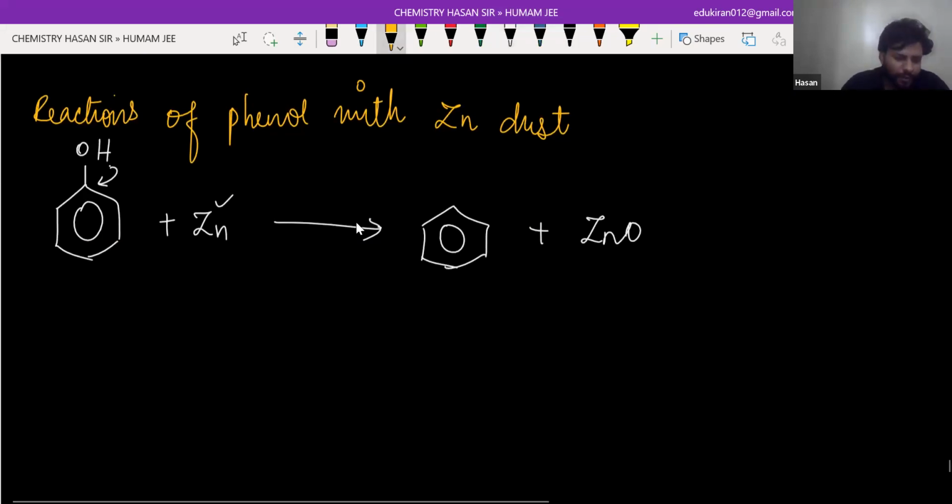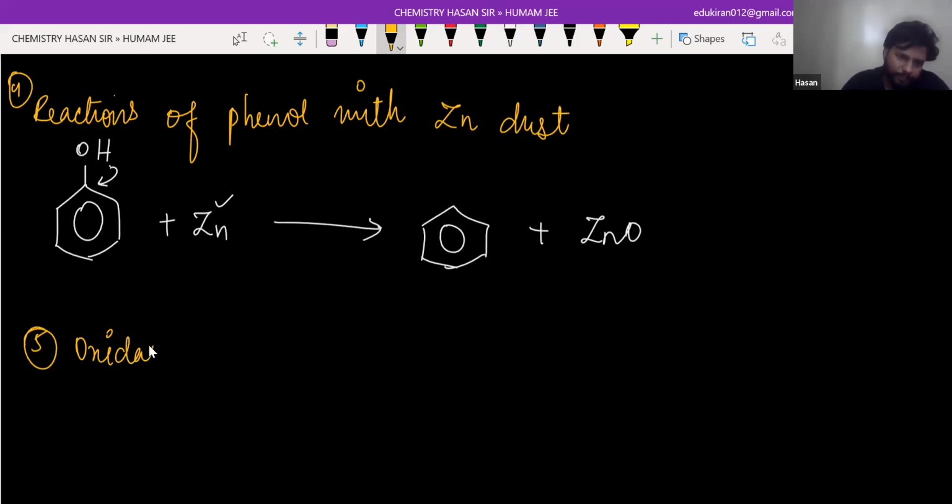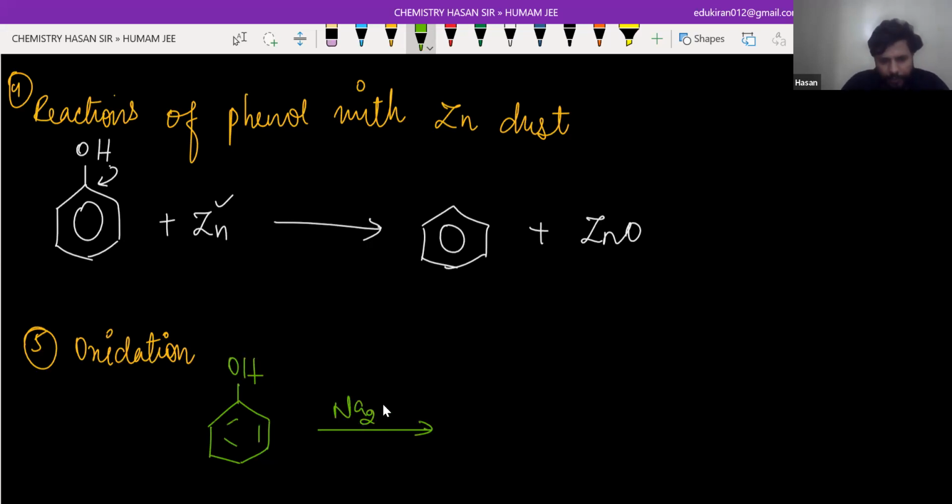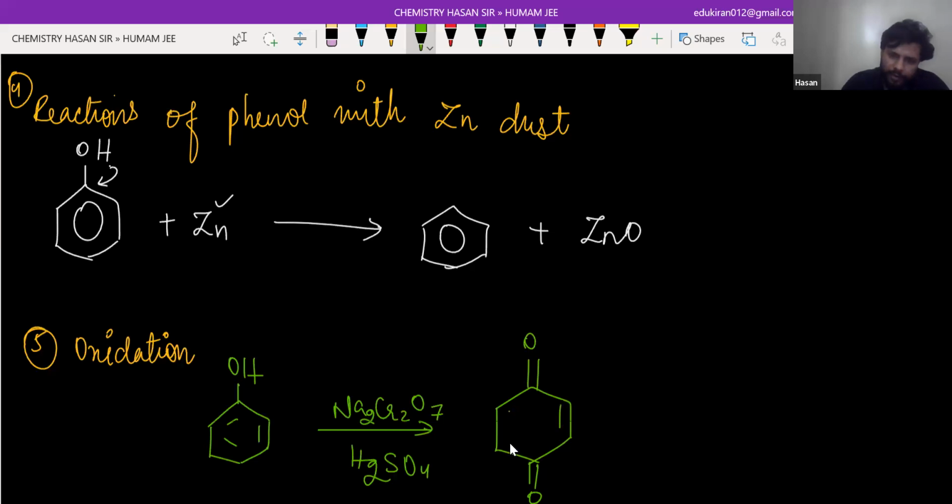The last reaction of this phenol is oxidation. This is the fourth reaction of phenol. Now, this is your oxidation. And in oxidation, when you are going to use Na2Cr2O7, sodium dichromate, in the presence of H2SO4, this will be oxidized into ketone, diketone basically. It lost its aromaticity as well.